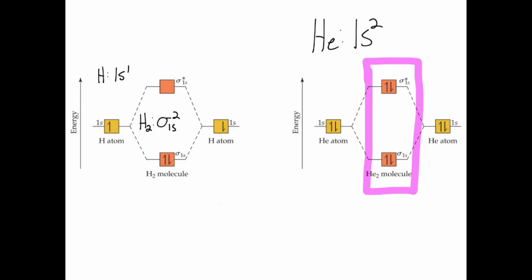Now, there's a phrase that's used in molecular orbital theory called bond order. Bond order is essentially an indication of what degree of bonding we have in a particular system. To calculate bond order, we tally the total number of electrons in bonding orbitals, and we subtract from that the total number of electrons in antibonding orbitals.